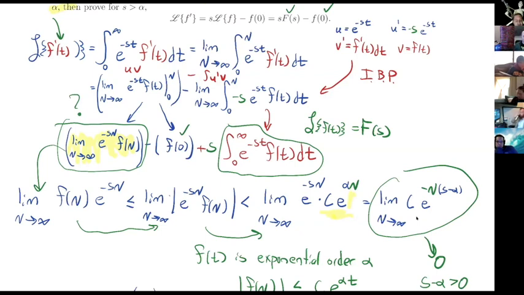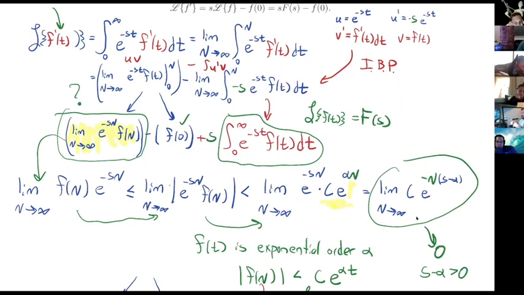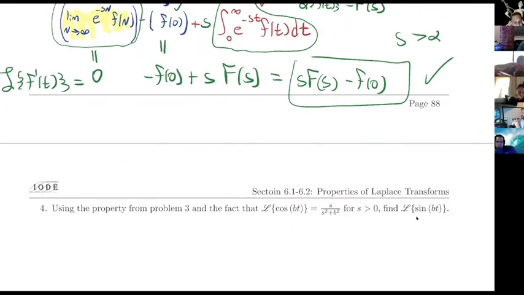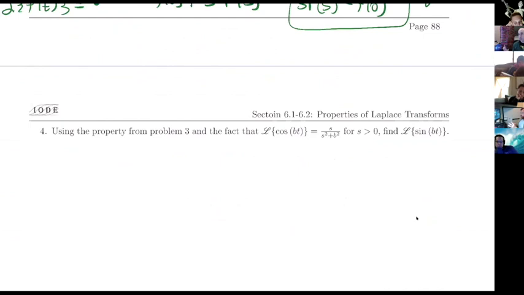So I think we're getting a little bit lost in the weeds with this exponential order definition. Certainly, we need it to get this proof. But what ultimately I want to make sure we're comfortable doing is being able to apply this result. So now we can use this to calculate the Laplace transform of a function if I know what the Laplace transform of its antiderivative is.